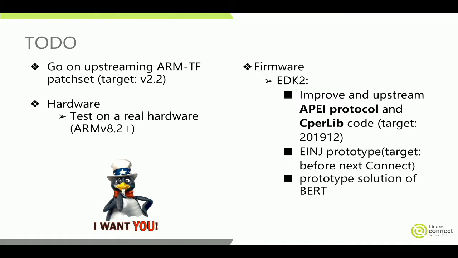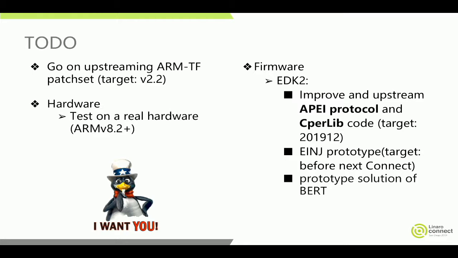And what is the next step of our work? First of all, of course, we continue upstreaming the Trusted Firmware patch set. Our target is v2.2, and we also hope to have real hardware to test. So if anyone has ARMv8.2 hardware that includes the RAS extension, that would be awesome.